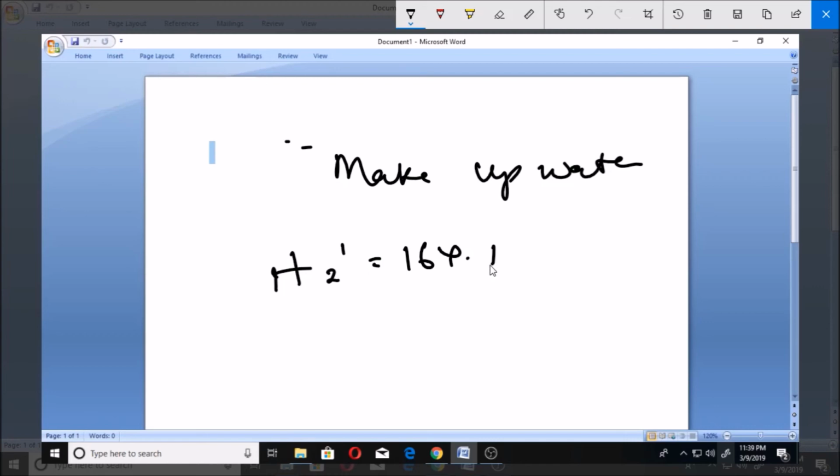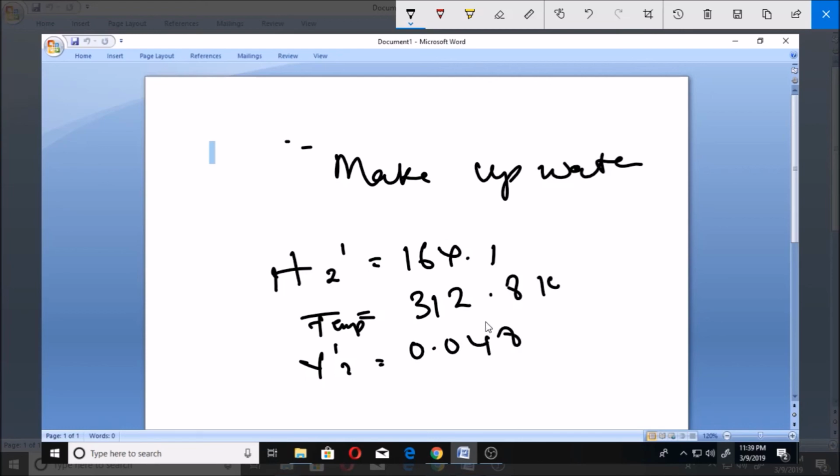This corresponds to the exit air temperature of 312.8 Kelvin, and humidity of 0.048 kg water per kg dry air. The approximate rate of evaporation is therefore Vs times (Y2 prime minus Y1 prime).